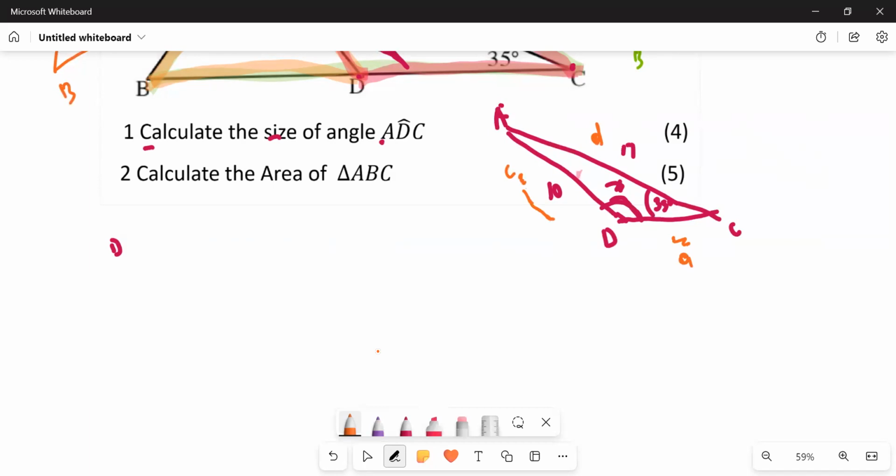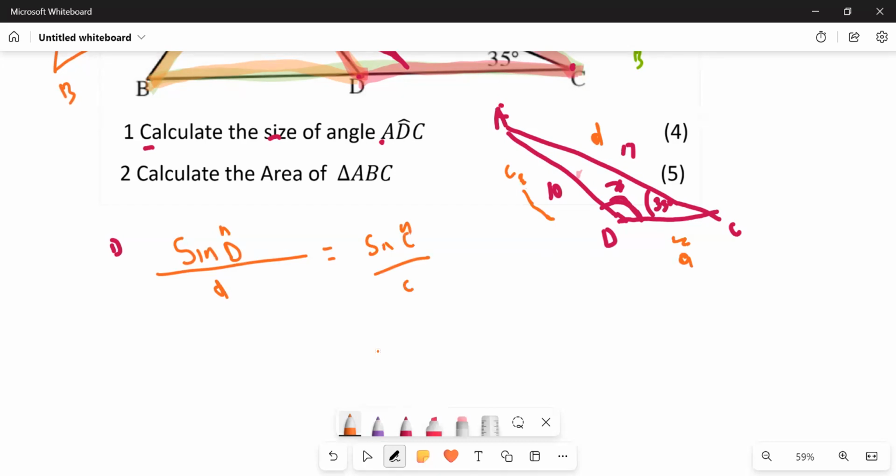Now what do we say if we're using the sine rule? I'll start with the sine of angle D because I'm looking for an angle. Sine of angle D all over small letter d is equal to the sine of capital letter C all over small letter c.